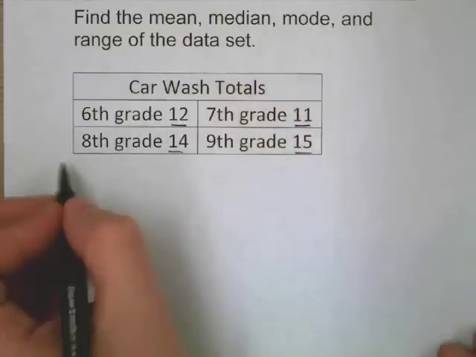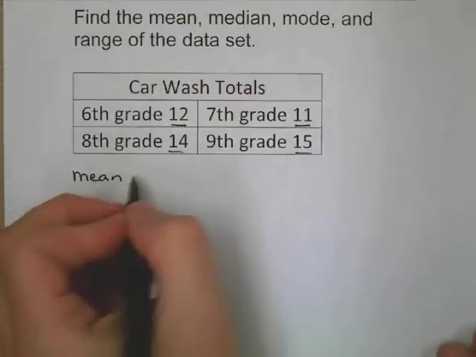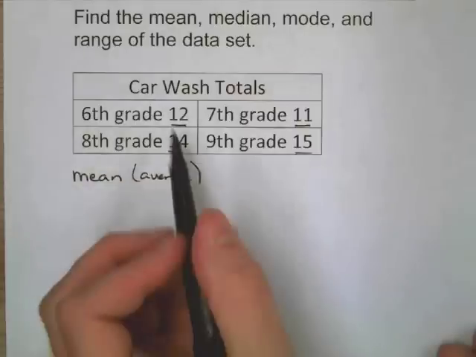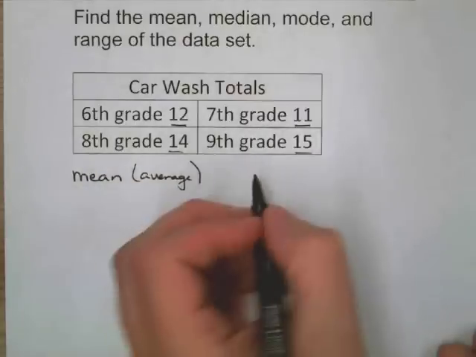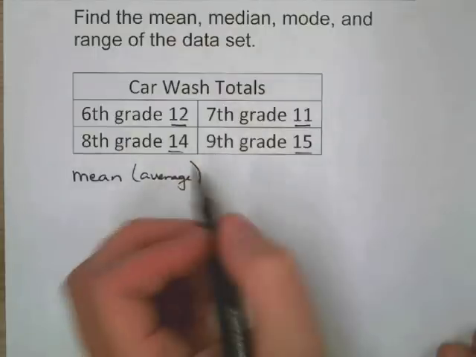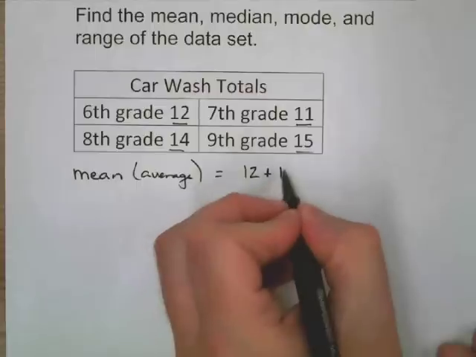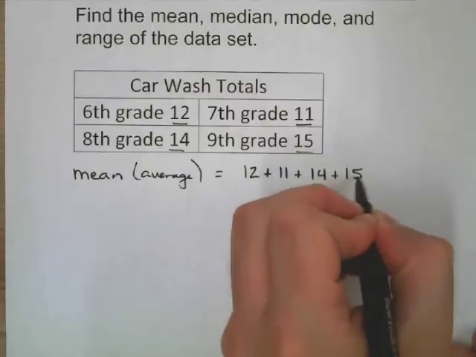So let's start with the mean, because we've looked at that already. And the mean, or the average, is going to be all of the items in a set added together and divided by that number of items. So I have 12 plus 11 plus 14 plus 15.